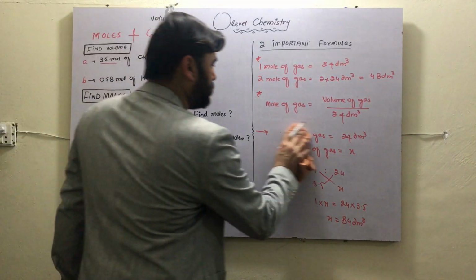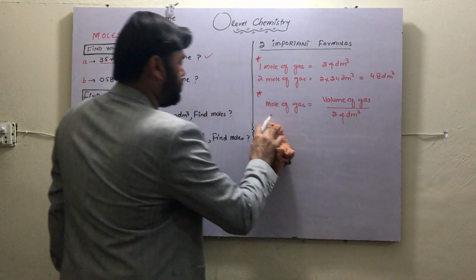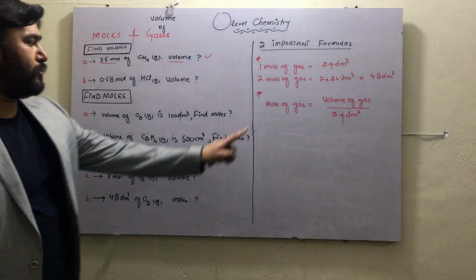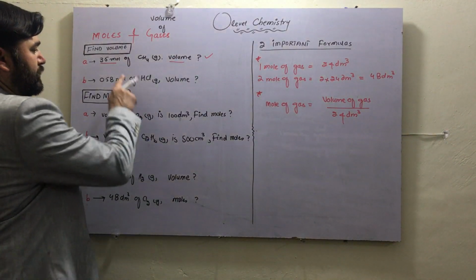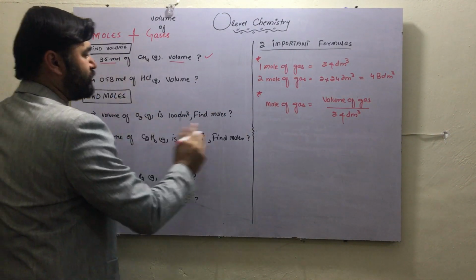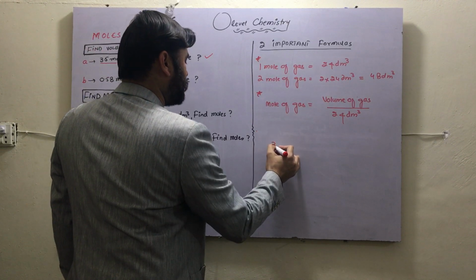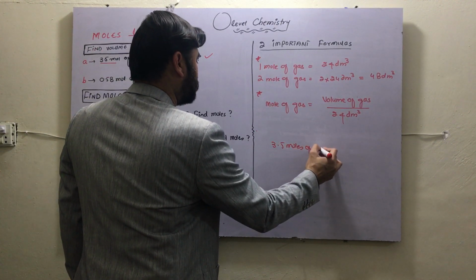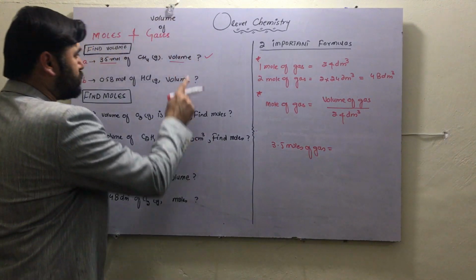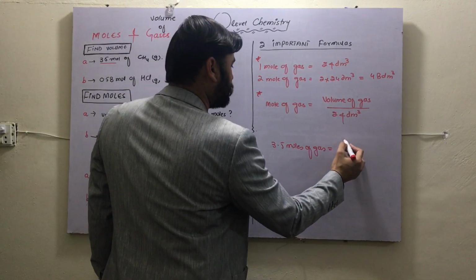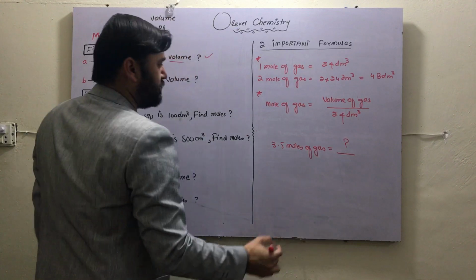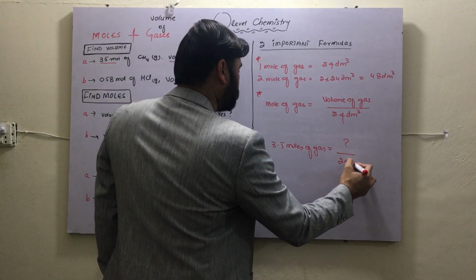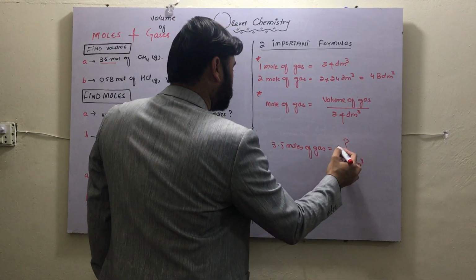Suppose you want to use the second formula, mole of gas equals volume divided by 24 dm cube. Here 3.5 moles of gas is given and you are going to find the volume. So just put a question mark for the volume and 24 dm cube, and cross multiply.